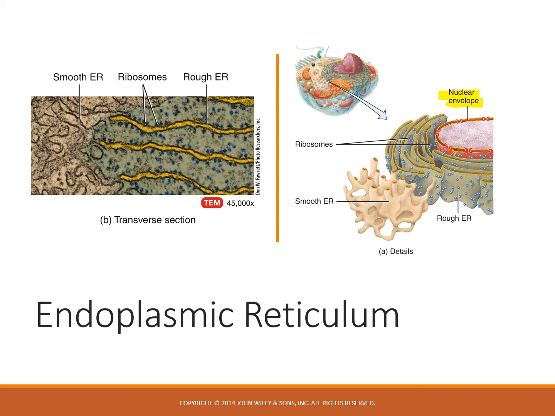It's very extensive, and it makes up more than half of the membranous surface within the cytoplasm of most cells. There are two types of endoplasmic reticulum within cells. They are the rough endoplasmic reticulum, or just shortened to rough ER, and the smooth ER.